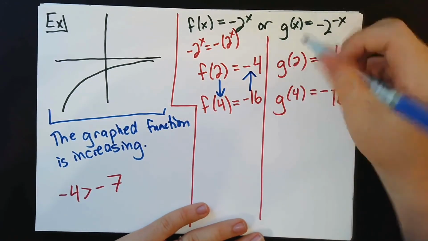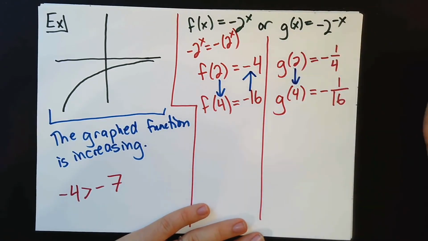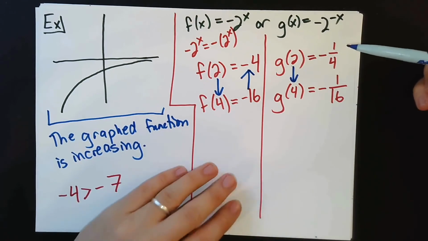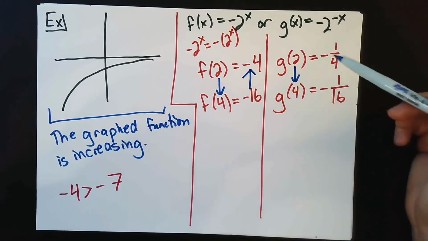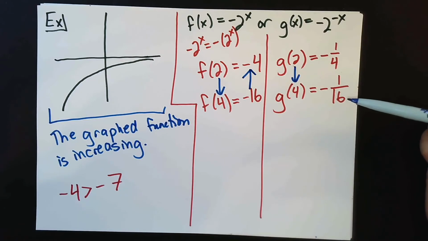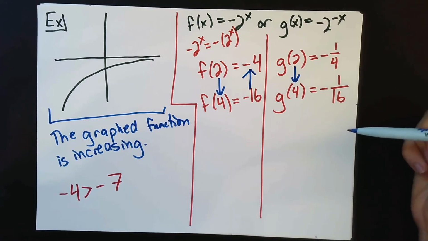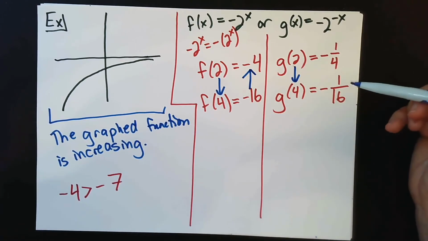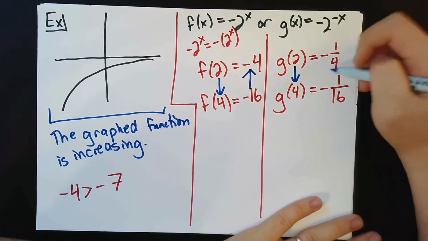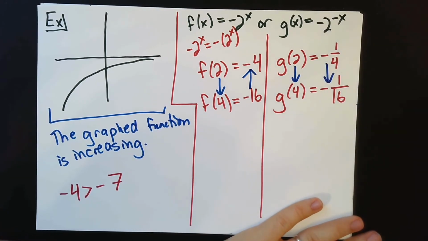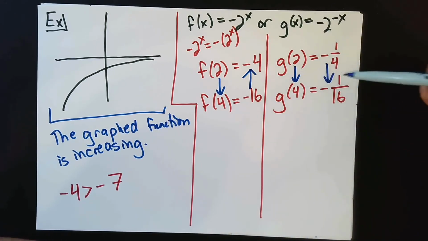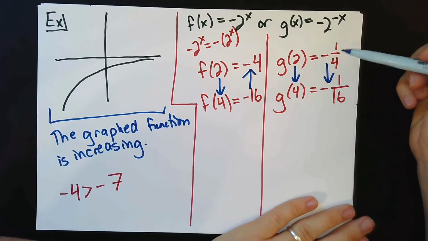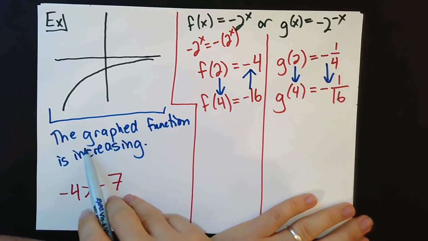Okay. In this case, as the input increases from 2 to 4, the output goes from negative a fourth to negative a 16th. I have to think about this for a second. A fourth is bigger than a 16th, which means that negative a 16th is bigger than negative a fourth, which means that the arrow goes this way. Okay. And so in this case, the input and output are moving in the same direction, which matches the graph.